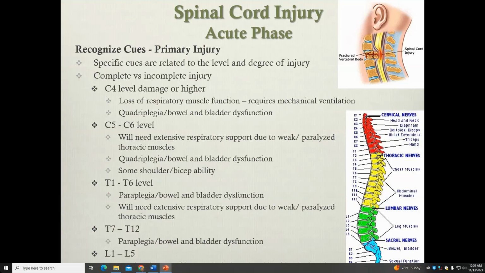You can memorize all those levels, but I really want you to know that T6 and above, you're at more risk for these shock syndromes, like neurogenic shock and autonomic dysreflexia. Those really only happen T6 and above. And T6 and below usually doesn't have as many acute phase side effects in terms of blood pressure and respiratory rate and stuff.